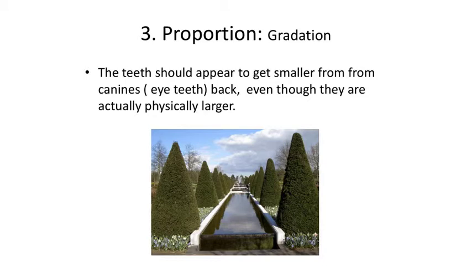The next topic under proportion is something that we call gradation. By this, we simply mean that when you look at something, the closer it is to your eye, the larger it appears. And as it gets farther away from you, it begins to get smaller. So the teeth, when you look at them, should get smaller from the front to the back, from the eye teeth back, even though physically the teeth at the back, the molars, are larger than the teeth at the front. They should not appear that way. Because they're farther away in the arch, they should look smaller.